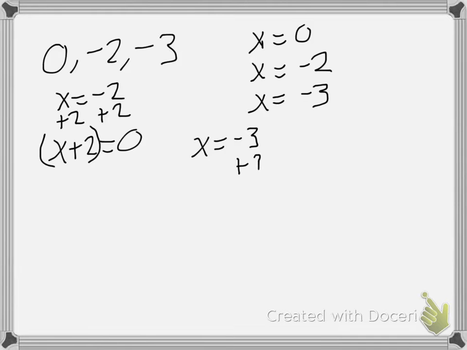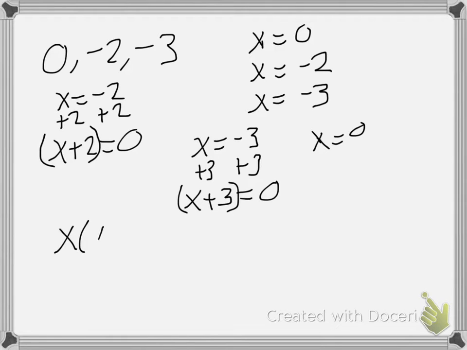Well, I'm going to add 3, x plus 3 is equal to 0. And then the other one, x equals 0. How hard is that? So all I do is I take these 3 factors and I multiply them. X times x plus 2 times x plus 3.